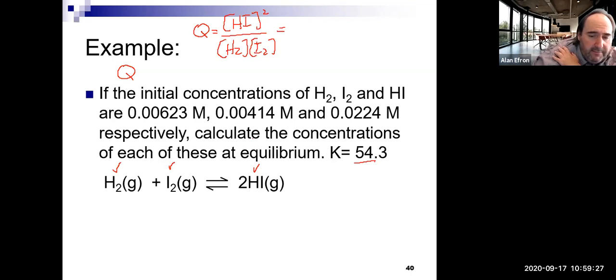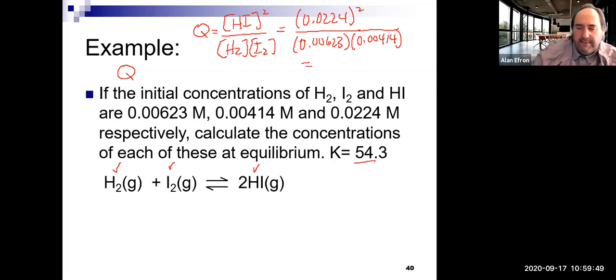So if we pop in our numbers here, we get 0.0224 squared. We also get 0.00623 and 0.00414. So if we calculate Q here, we will end up with 19.5 as our Q value.